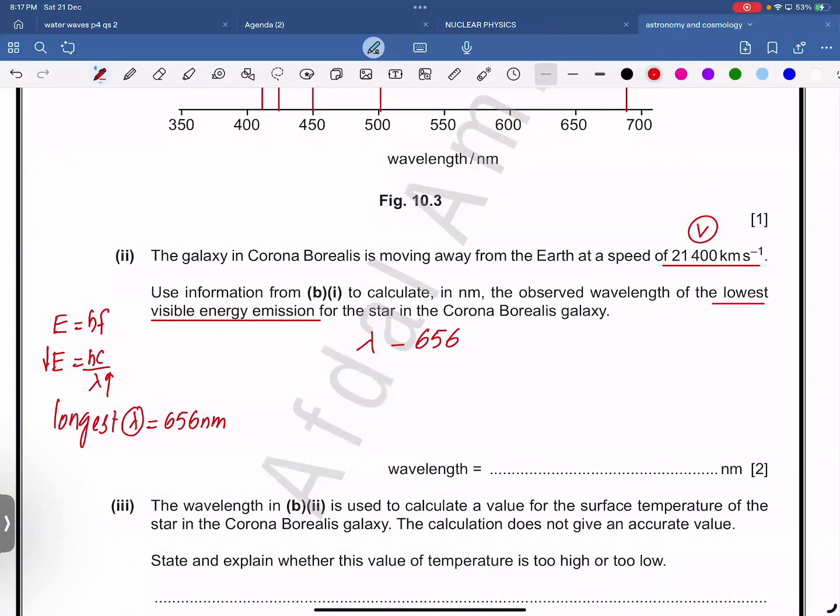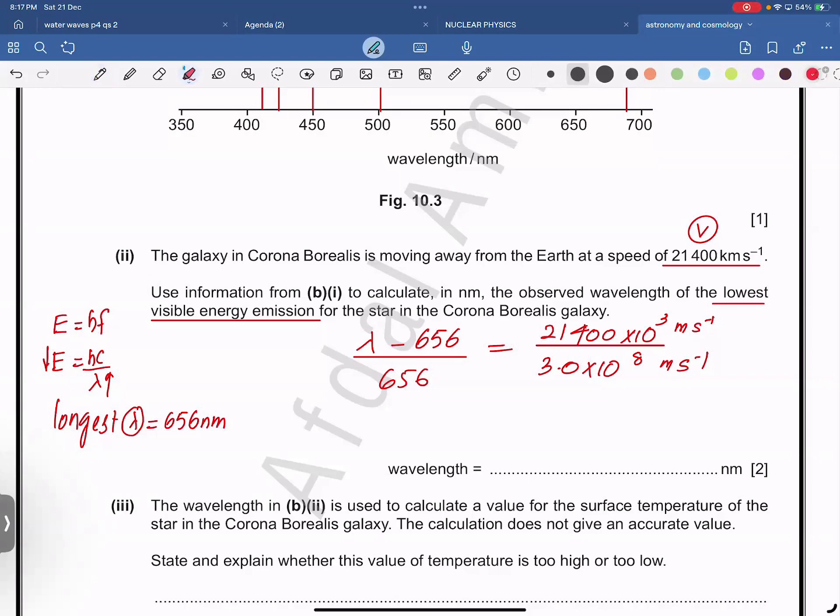I'm using nano so that the answer is also in nano. Change in wavelength over 656 equals v over c, which is 21400 times 10 to the power 3 because of kilometers, over 3.0 times 10 to the power 8. Dear students, you just need to rearrange this equation and solve it. Doppler shift says the change in wavelength over the actual wavelength is equal to v over c. The only trick to this question was this number.